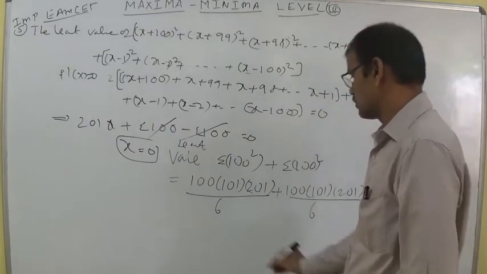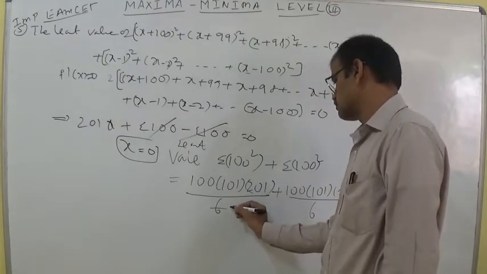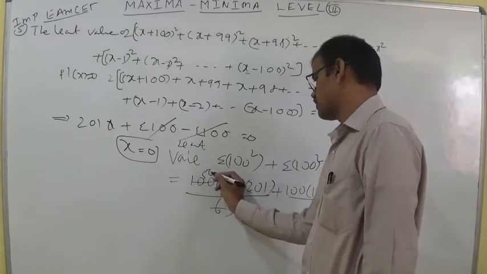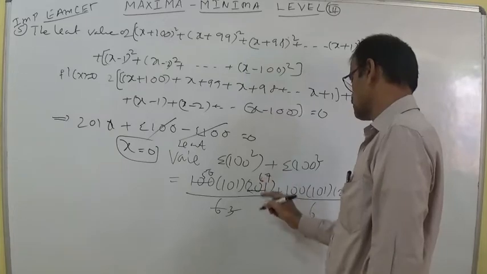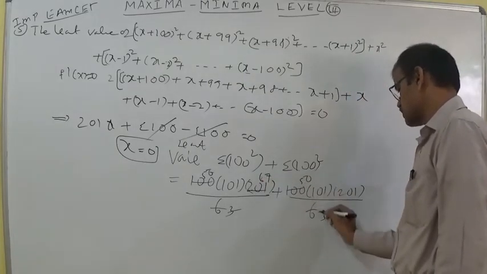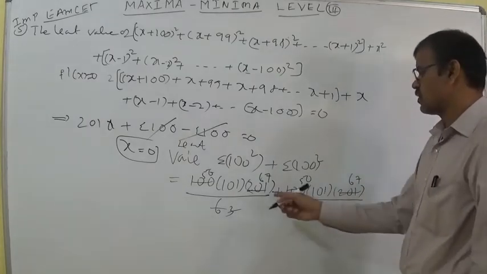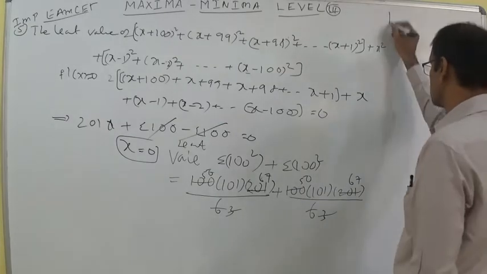In 100 × 101, the 2 table goes 50 times and the 3 table goes 67 times for 201. So we get 50 × 101 × 67 plus 50 × 101 × 67.